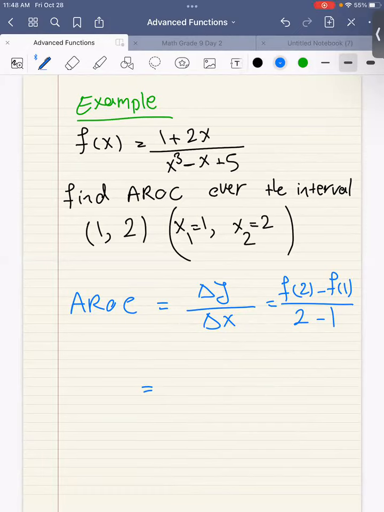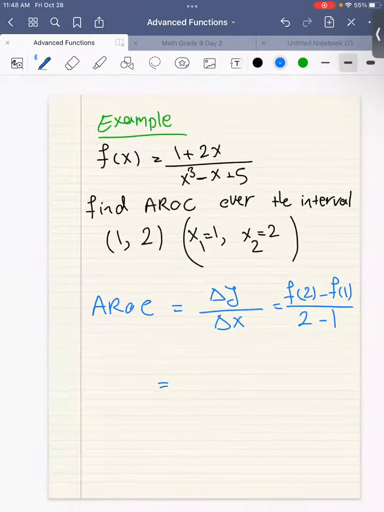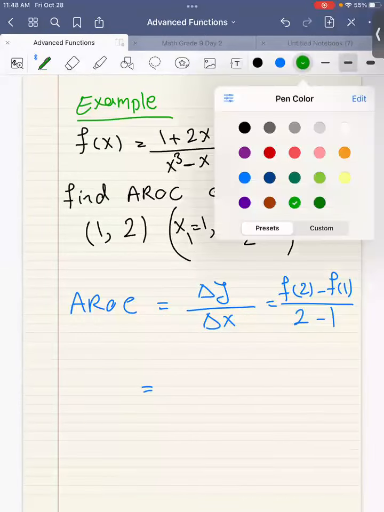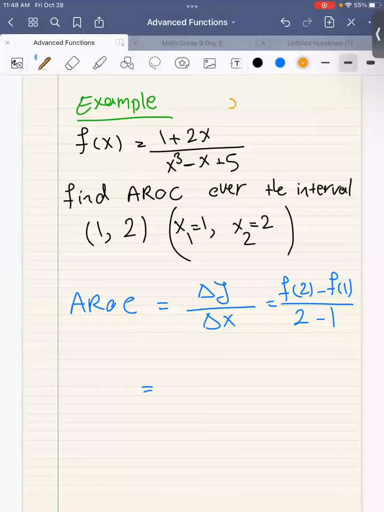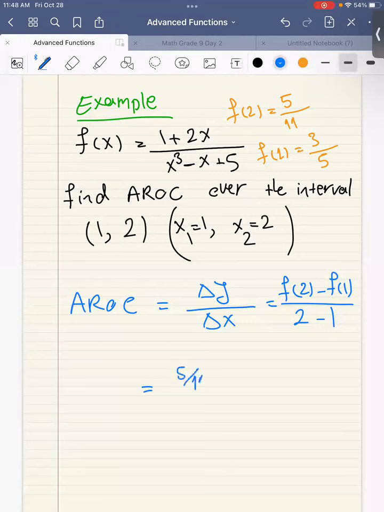You just use this formula. So f of 2 is equal to 5 over 11, and f of 1 would be equal to 3 over 5. So this would be 5 over 11 minus 3 over 5, divided by 2 minus 1, which is just 1.